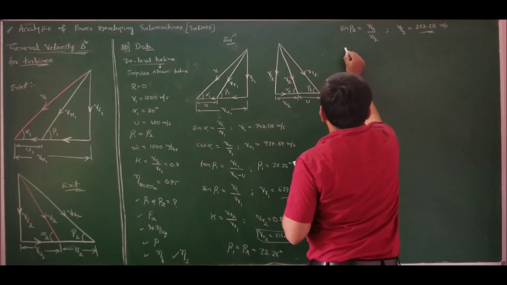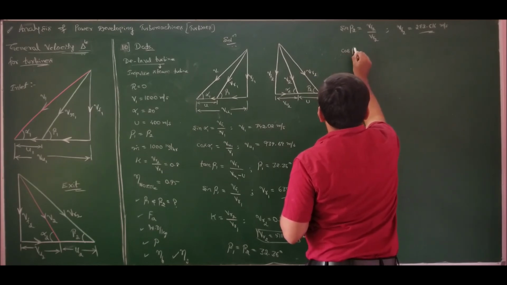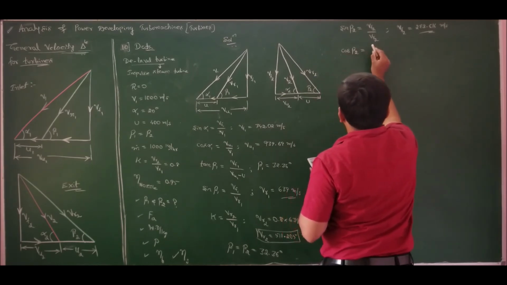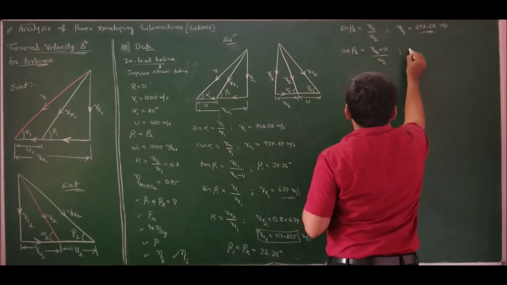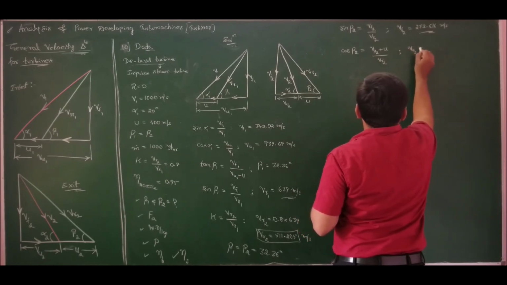Next, use cos beta 2. Cos beta 2 will be VU2 plus U by VR2. Here the unknown is VU2. Calculate VU2.